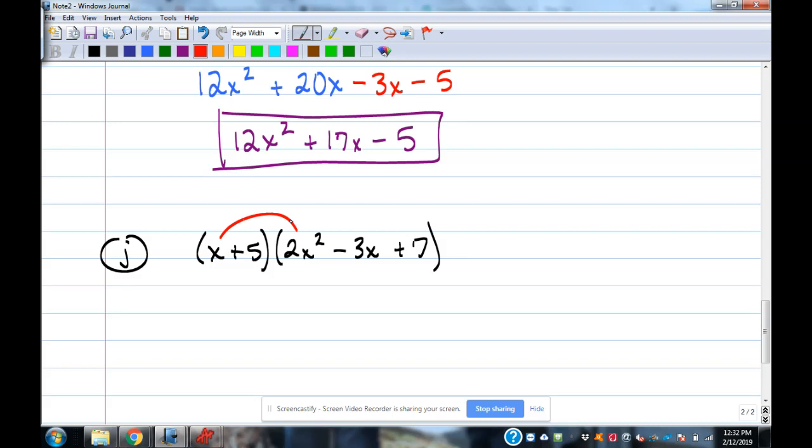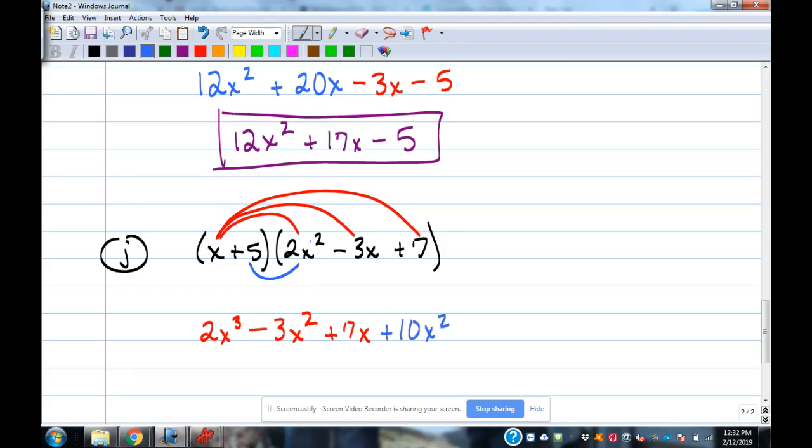So x times 2x squared would be 2x to the third minus 3x squared plus 7x, right? And then distribute the 5 to all 3 pieces. So it'd be plus 10x squared minus 15x plus 35.